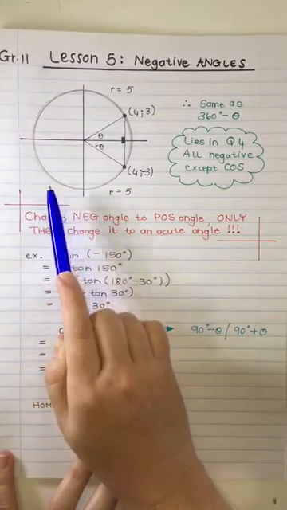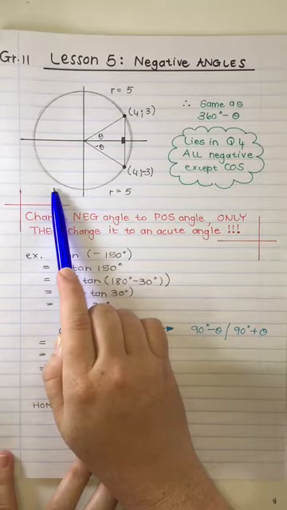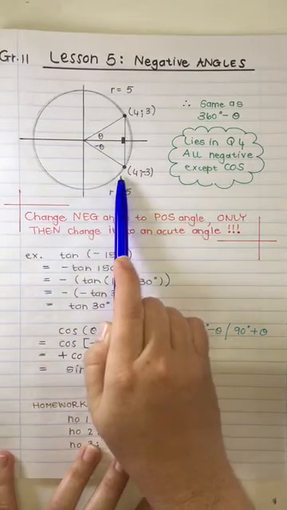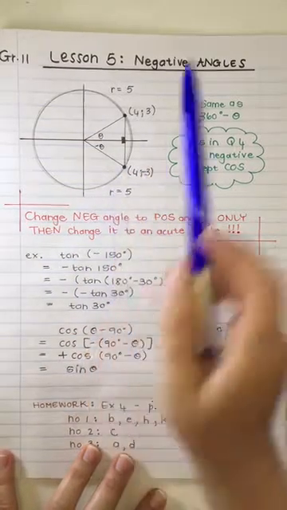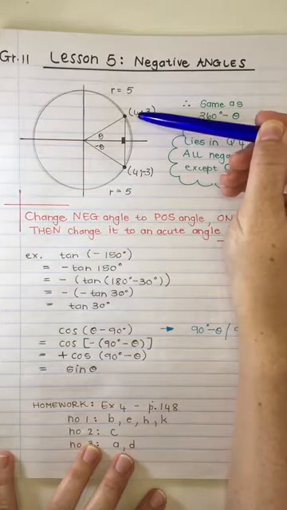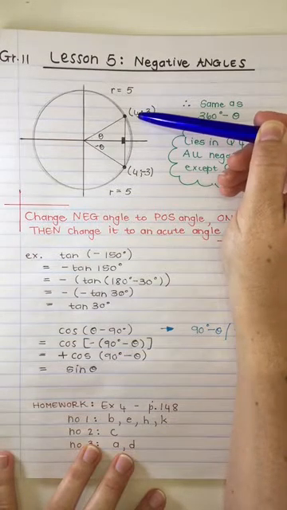In the third quadrant, we work with 180 degrees plus theta, and in the fourth we work with 360 minus theta. And in the first quadrant, we work with 90 minus theta. You have to know that.